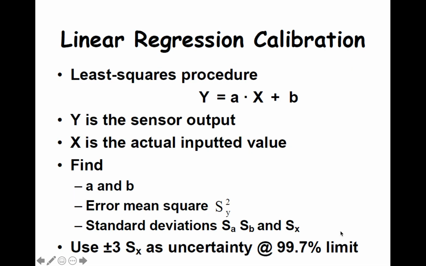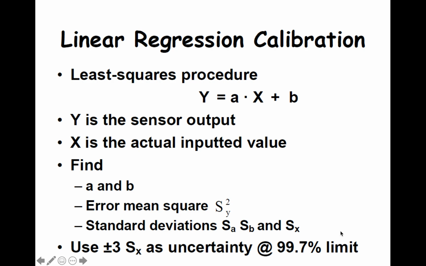At several points in this course, you will be asked to generate calibration curves for some data you have collected during the lab exercises. You are going to use this linear calibration procedure. The relation you are to develop with the data is in the form of Y equals A times X plus B, as shown here, where Y is the sensor output and X is the actual input value.